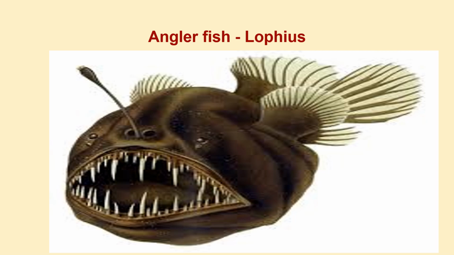In Lophius, the first fin ray of the dorsal fin is produced into a fleshy appendage that ends with the bait. The bait hangs in front of the mouth and swings in all directions. Another fish tries to capture this bait, and the anglerfish swallows it in no time.